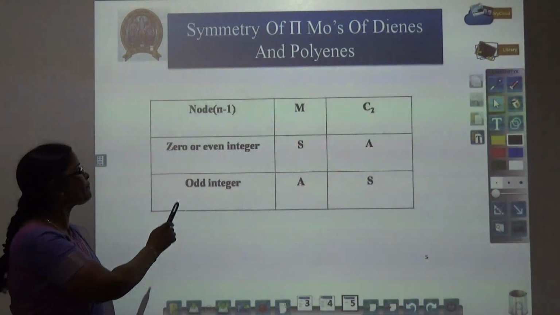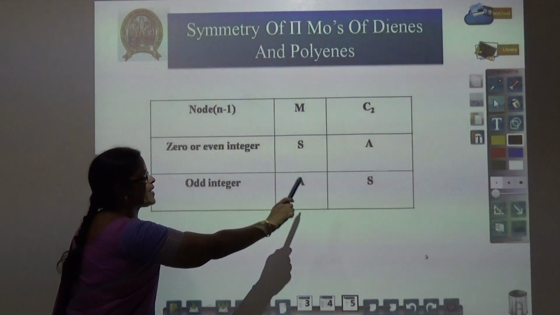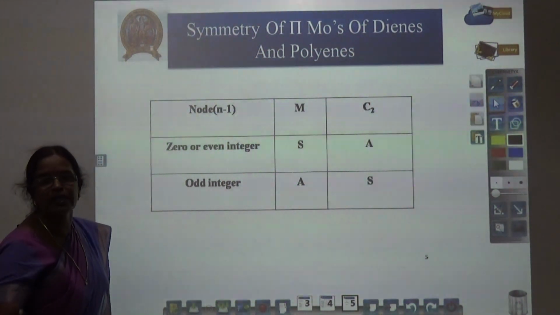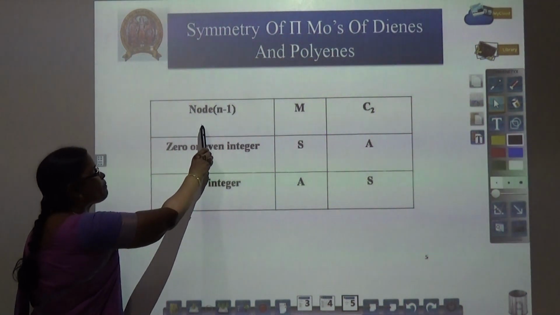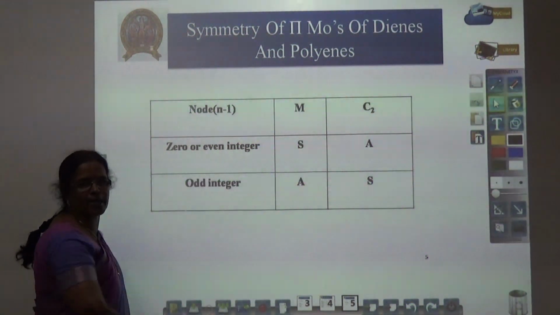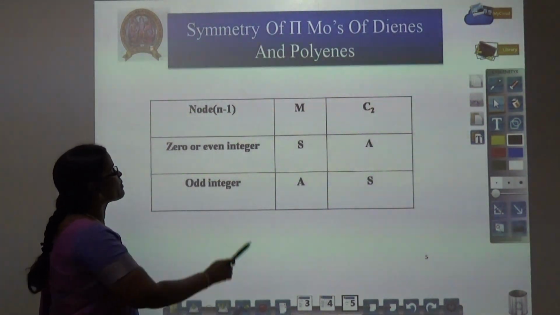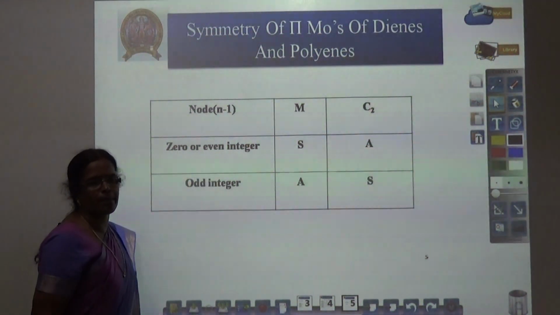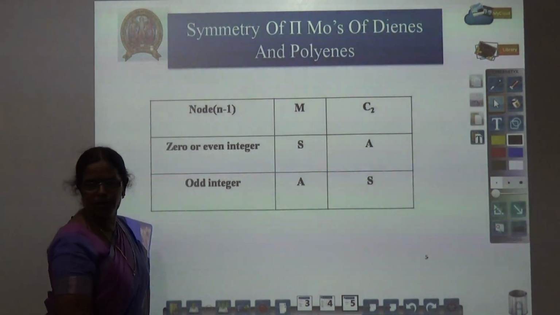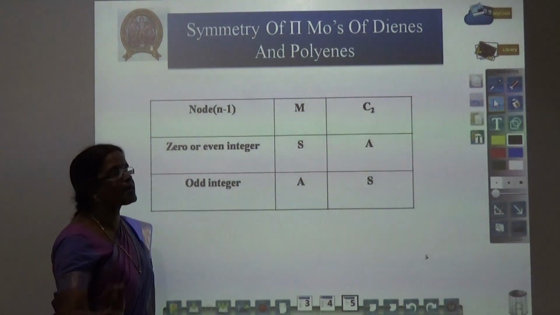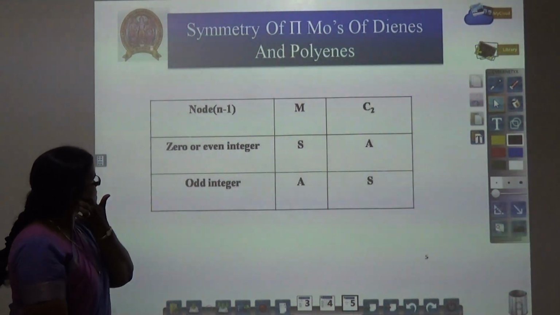Now we can simply assign S and A without doing the symmetry operation. As I already told, for a given set of molecular orbitals, n-1 nodes are possible. If 4 molecular orbitals are there, they have 0 nodes, 1 node, 2 nodes and 3 nodes. 3 nodes is n-1 nodes.